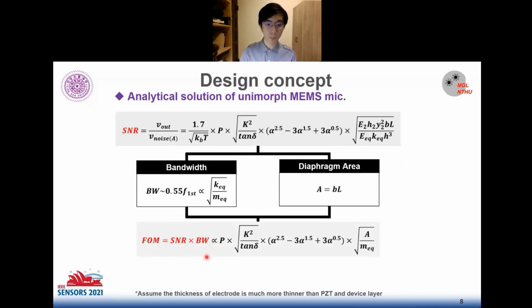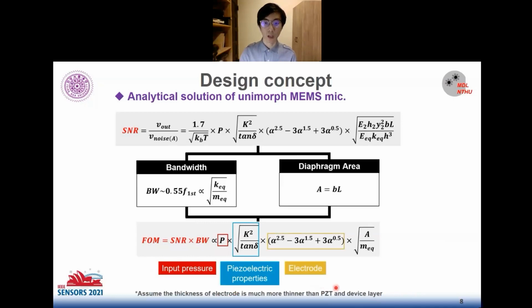And they will be influenced by these four parameters: input pressure, piezoelectric properties, electrode placement, and the diaphragm geometry. In this study, we'll try to modify the electrode placement and diaphragm geometry to achieve higher performance of the piezoelectric MEMS microphone.